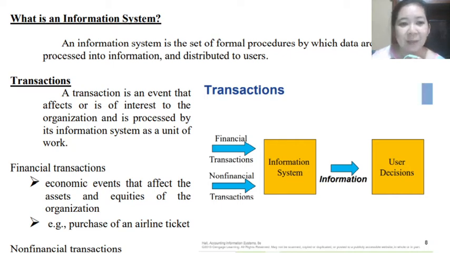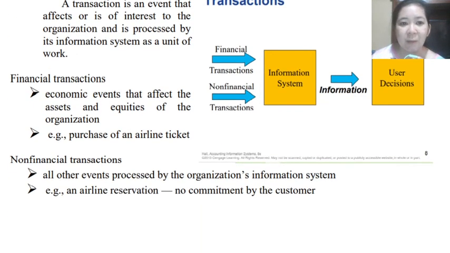Okay, so here, what are financial transactions and non-financial transactions? So basically, in your basic accounting, you have identified what are the features or elements of financial transactions and non-financial transactions. But here, we will just again try to review. Okay, when we say financial transactions, these are the economic events.